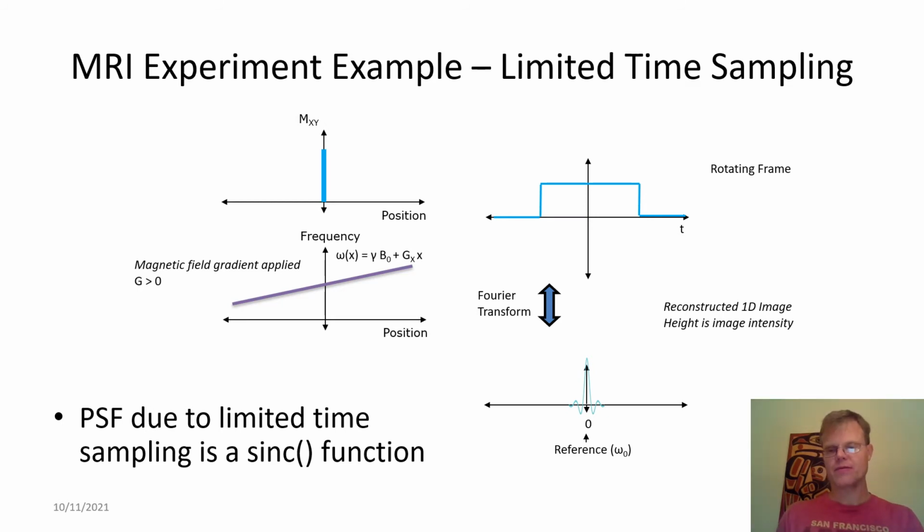And if we took a Fourier transform as being the way that we're reconstructing our MRI, then now we know we have this rect function. And so what we would get instead of a perfect point object is we'd actually get a sinc object. So, because we can only sample for a limited amount of time, the point spread function of this phenomenon is a sinc function.